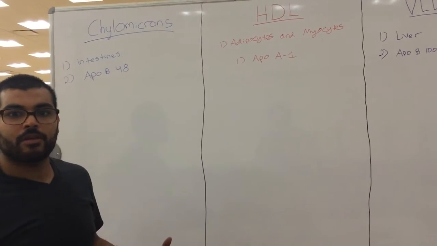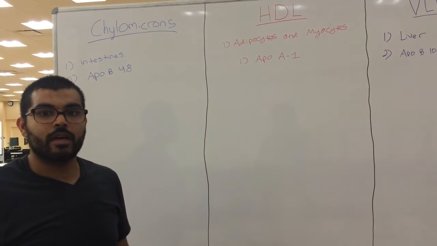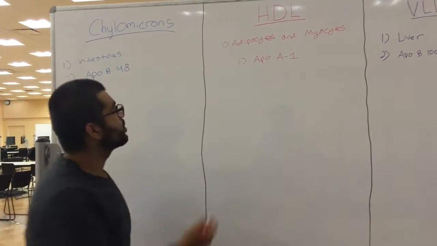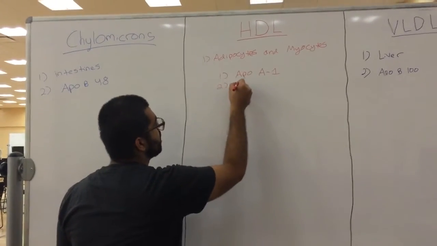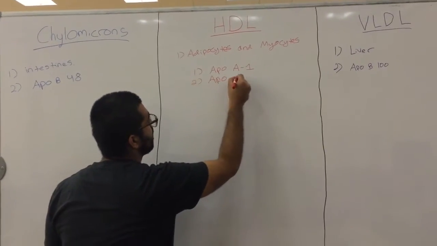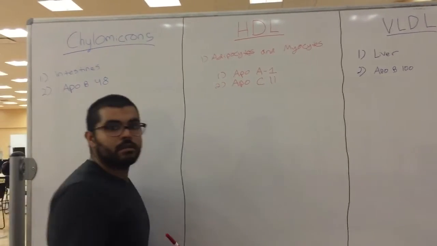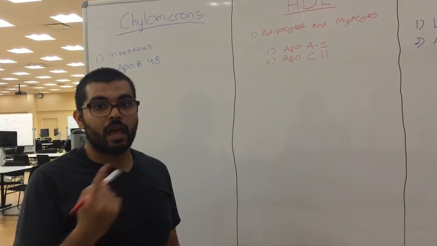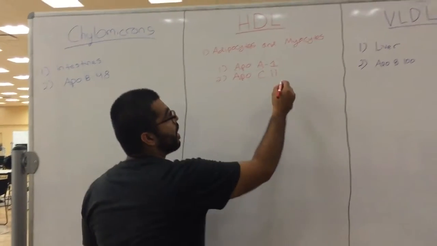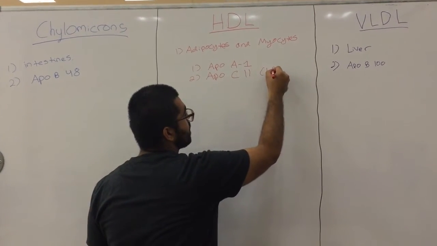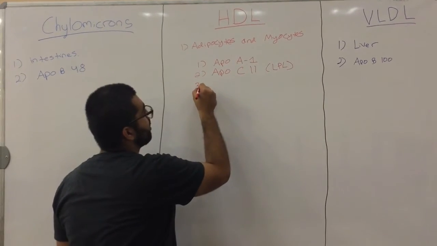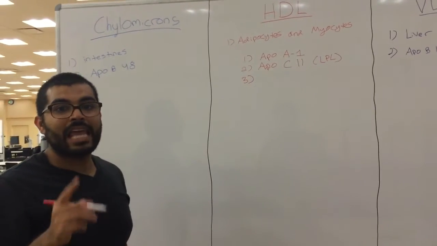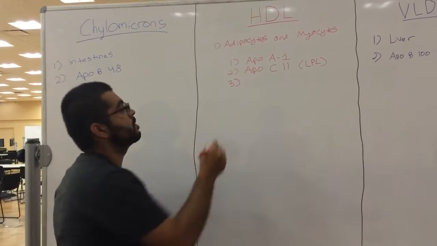And it doesn't stop there. There are some more things. We also have our ApoC2. And I would like to add that ApoC2 activates LPL, okay? Our lipoprotein lipase. So just keep that in mind. Then we have our ApoE, also very important.